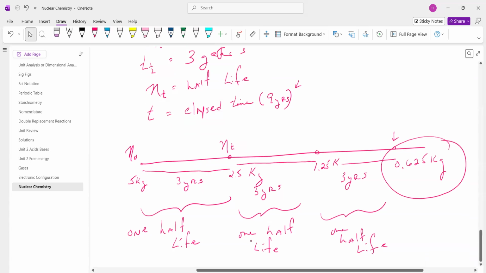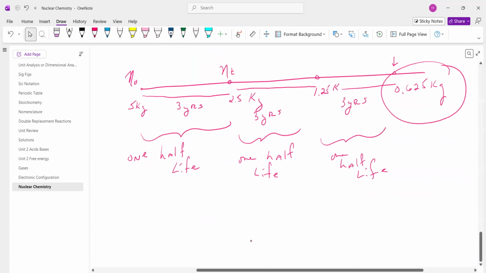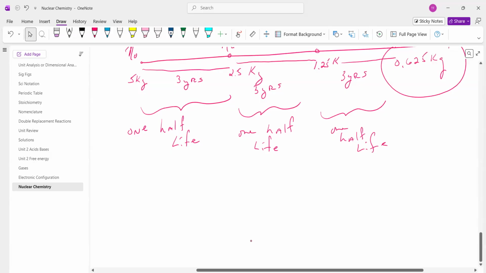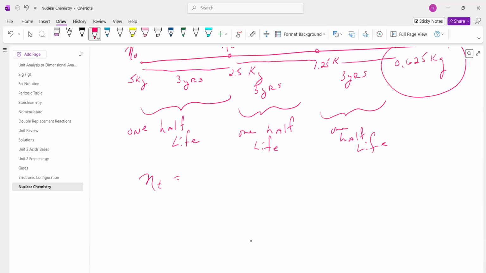Now, if we were to use the other method, we want to solve for how much is left over. We have the initial mass times 0.5, and that is raised to t over t sub 1/2.